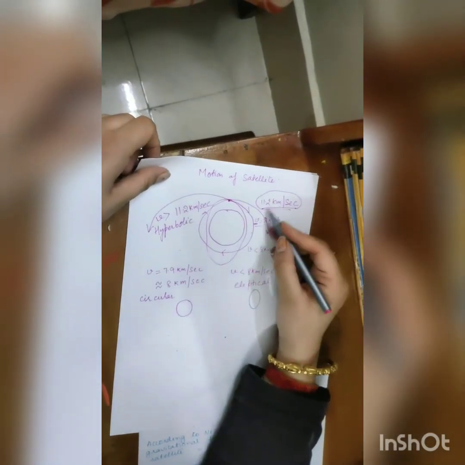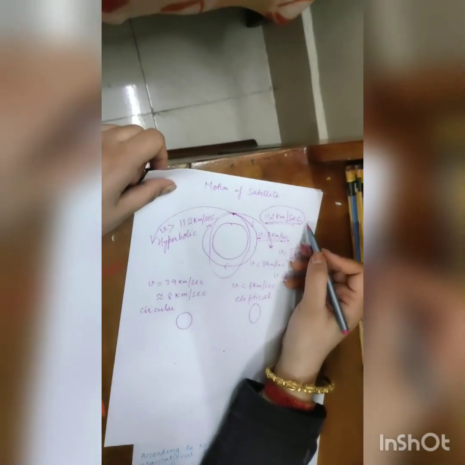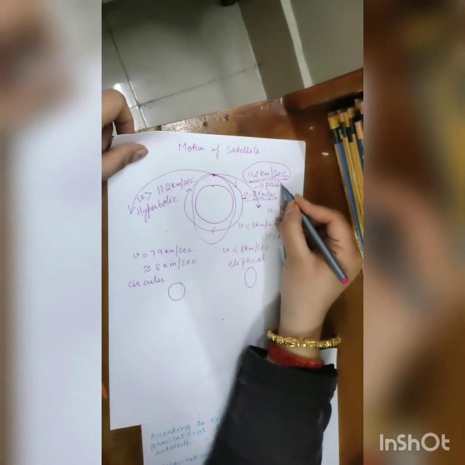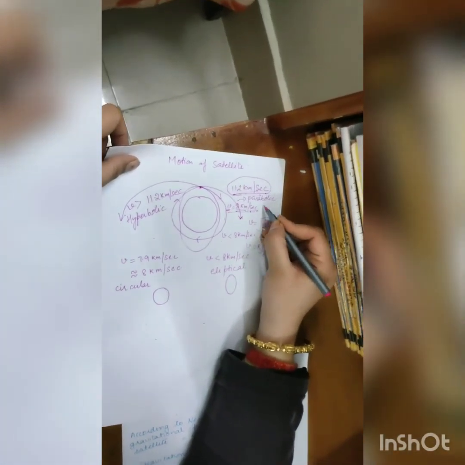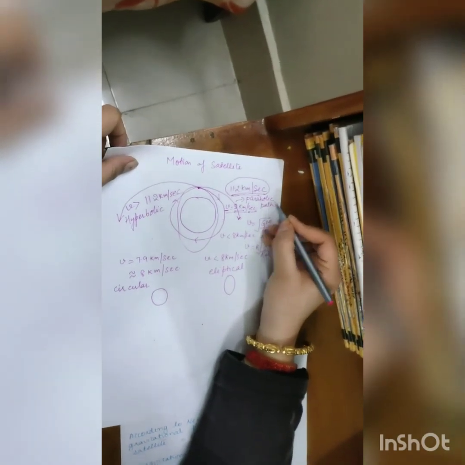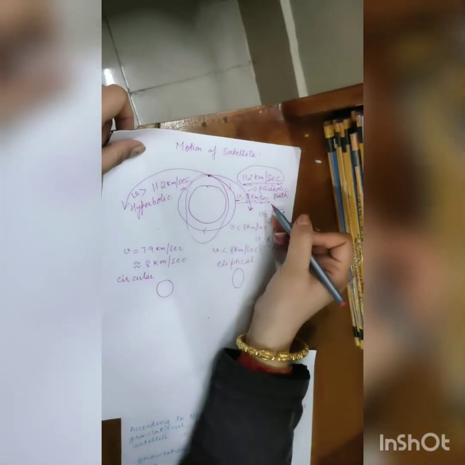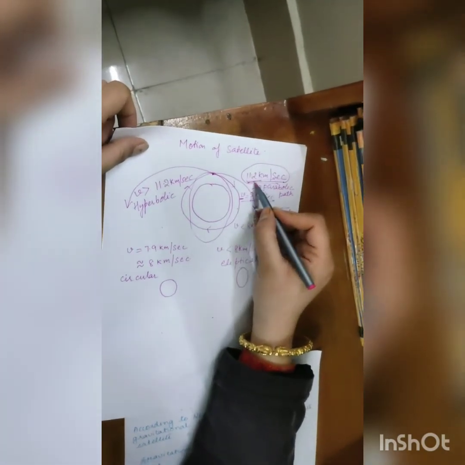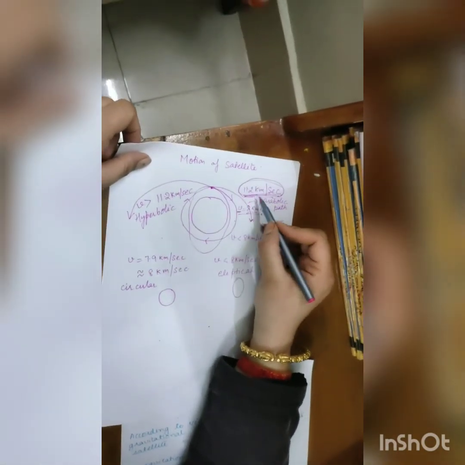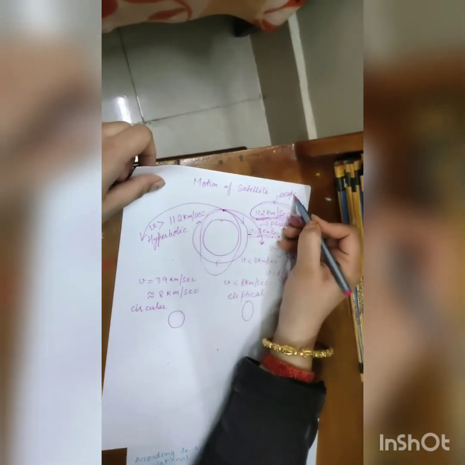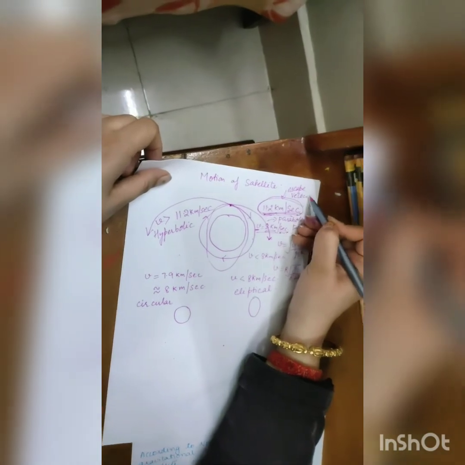And with the speed of 11.2 km per second or more, the satellite will follow a parabolic or hyperbolic path. With these two paths, the satellite will escape from the gravitational field of the planet or Earth. And this 11.2 km per second, this particular velocity is called escape velocity, which we will discuss in our next lecture.